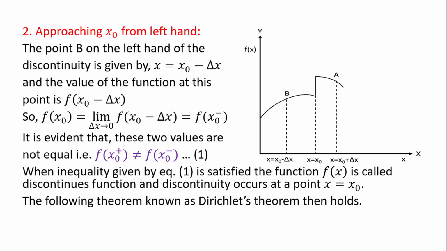In this way, at x equal to x0, we came across the two values of the function. Towards upper side it is fx0 plus, and towards lower side it is fx0 minus. And it is important to note that fx0 plus is not equal to fx0 minus.